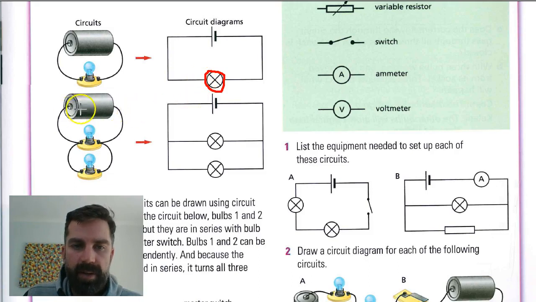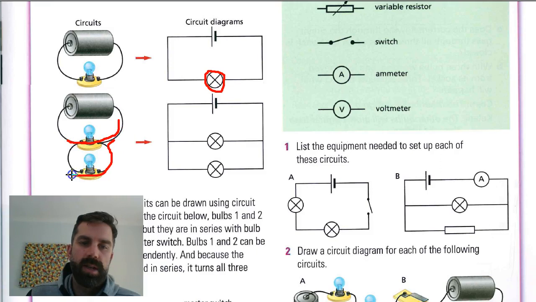And then underneath that, we've got a battery connected up to two light globes in what we call parallel, which means that the wires connect to the first globe and also to the second globe on both sides. So that means that when the electric current comes out of the battery, it can go through the first globe, or it can go through the second globe as well.